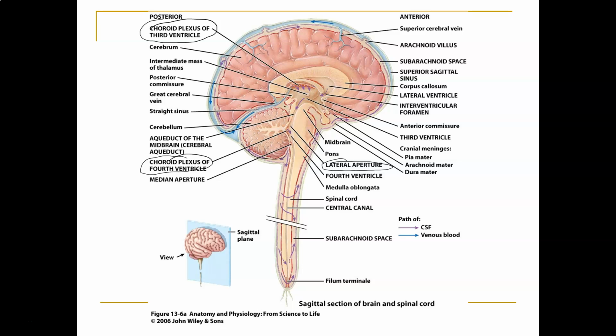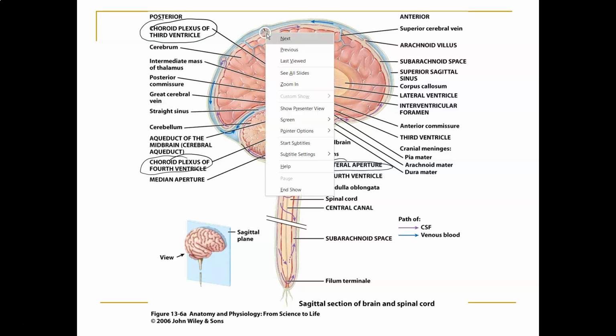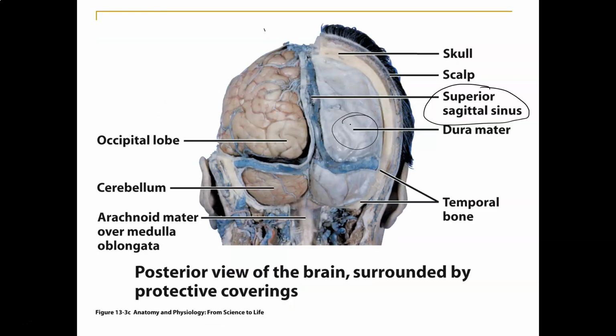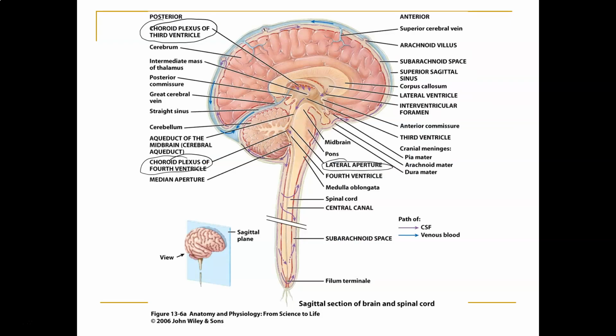So from the subarachnoid space, then, the cerebrospinal fluid is moved by ependymal cells superiorly, and then it is moved out of the subarachnoid space into the superior sagittal sinus, and at that point it's considered back in your bloodstream.